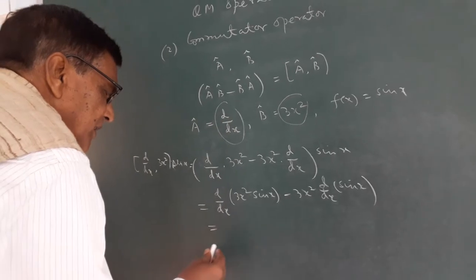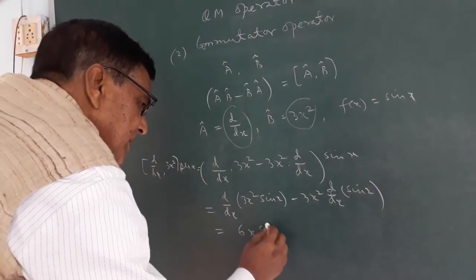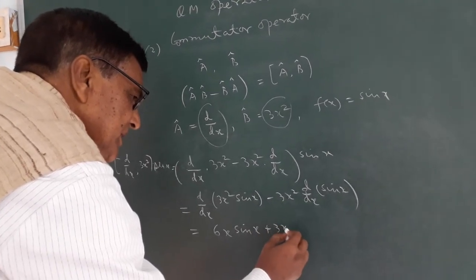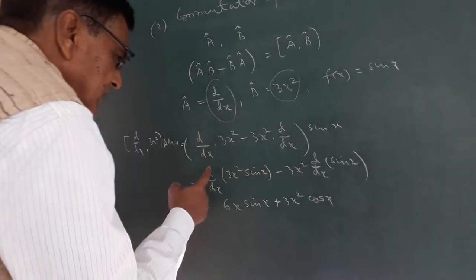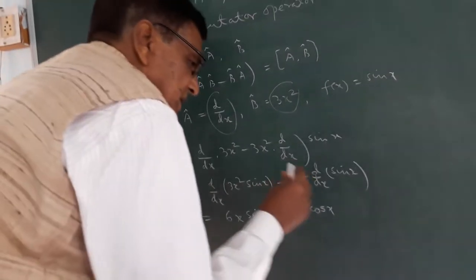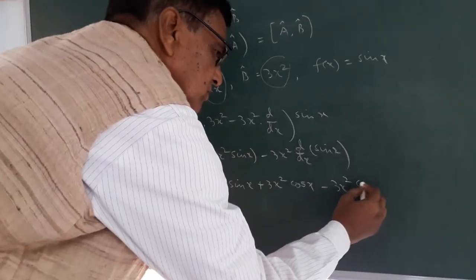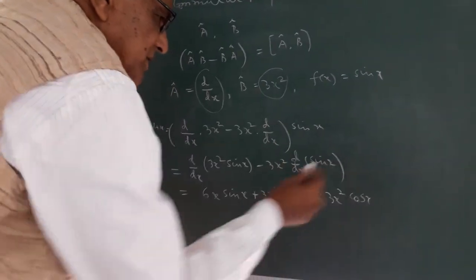Another step I can do: 6x sin x plus 3x square into cos x, and d by dx on sin x gives cos x, minus 3x square into cos x. Here also this value is cos x.